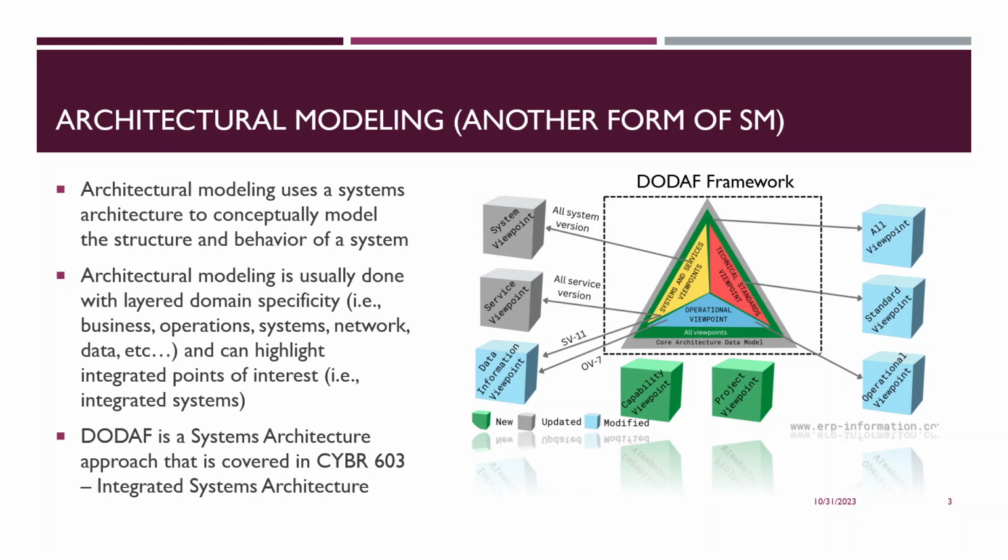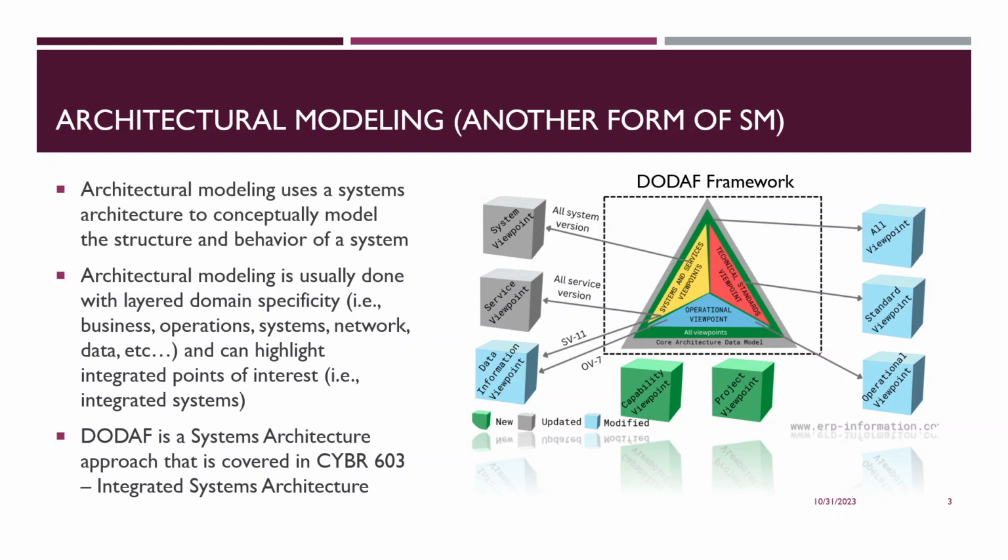So architectural modeling is bigger, like I was just saying, a bigger bucket. But it's usually done because it is a bigger bucket. You'll have domains. There's domain specificity as it relates to architectural models when done properly. It doesn't always have to be done that way, but it should be done that way.